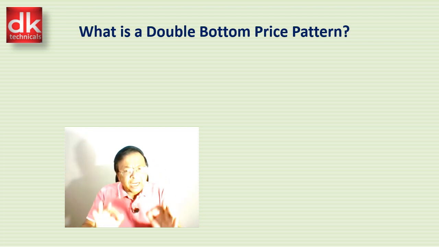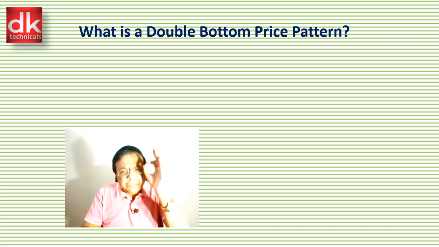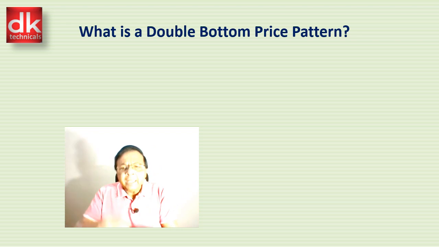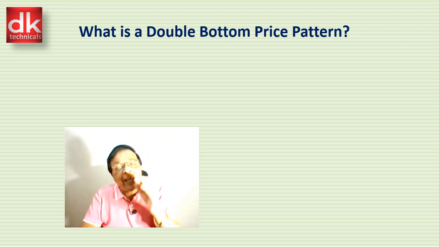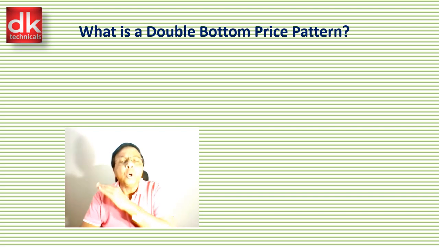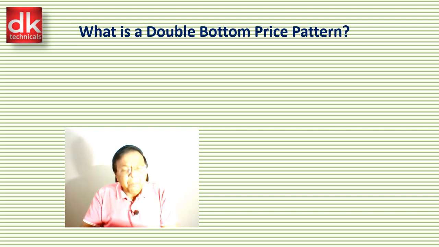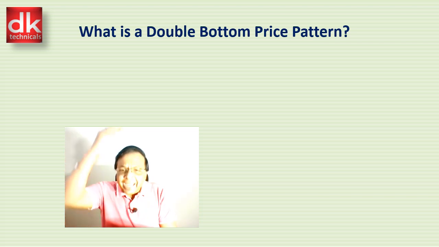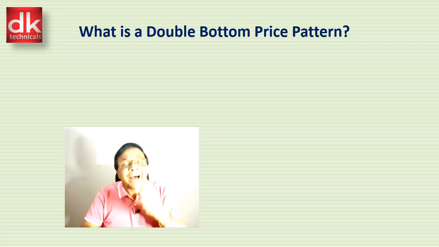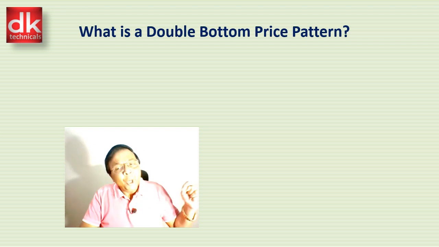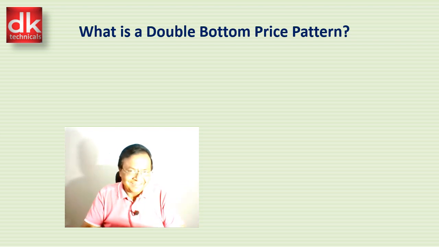And a point comes where the market stops making lower lows, which is the first indication of probable exhaustion on the downside, where the market fails to make a newer low. Then the market gives a good pullback, and again comes back to the same level, forming the second bottom, but again fails to form lower lows.